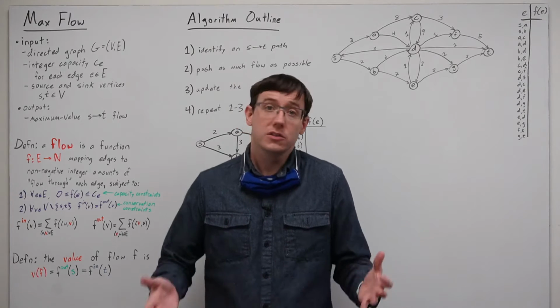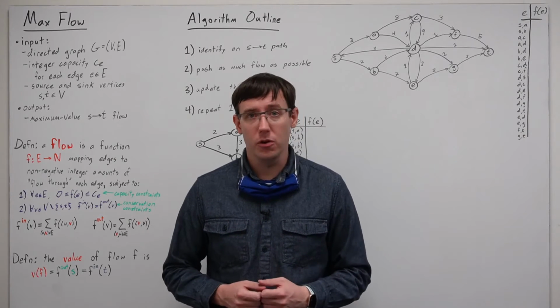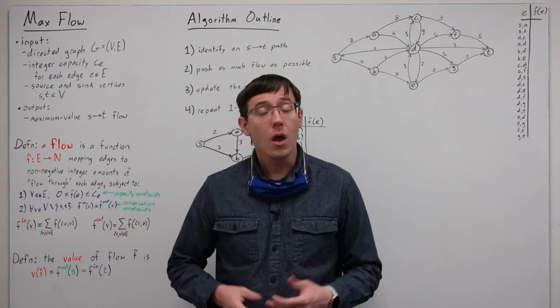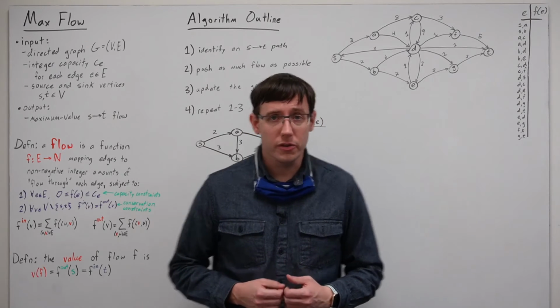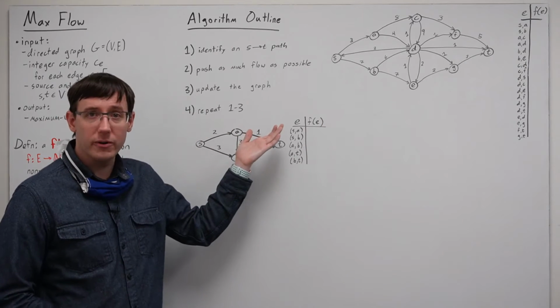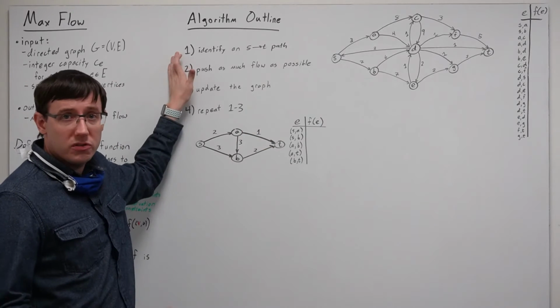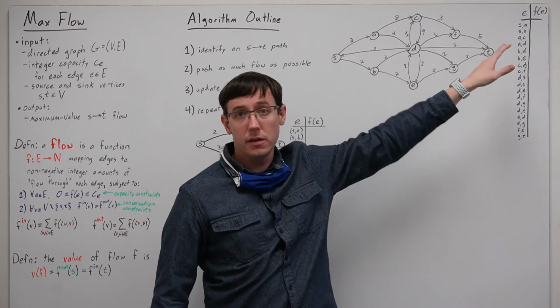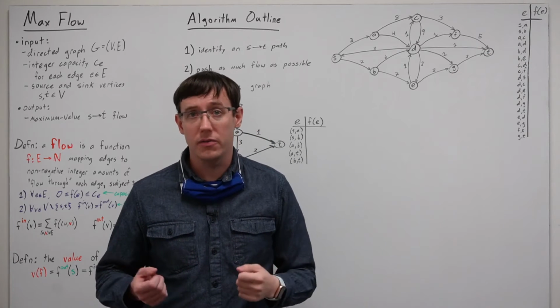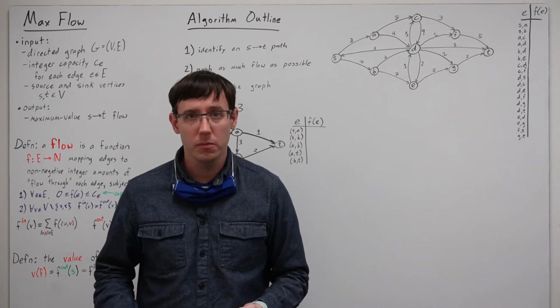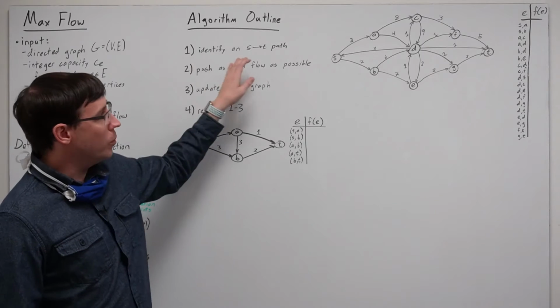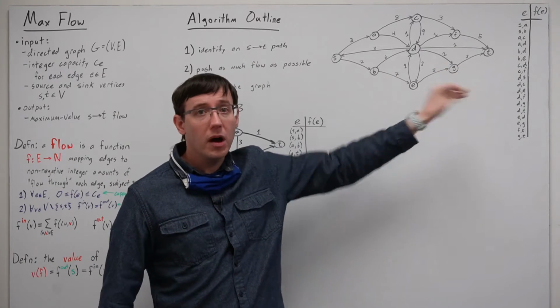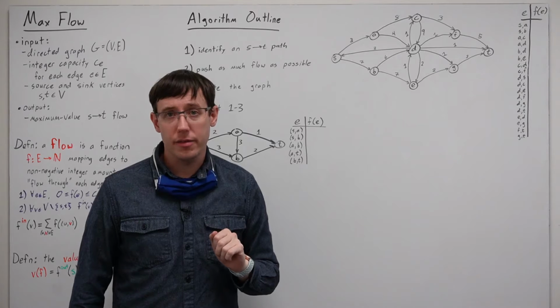So, how can we compute the maximum flow for a given instance? Well, we might first consider the greedy algorithm that I've outlined here. Our first step is to find a path from the source to the sink, and we can do that using any of our graph traversal algorithms. And then we want to push as much flow as possible along that path.